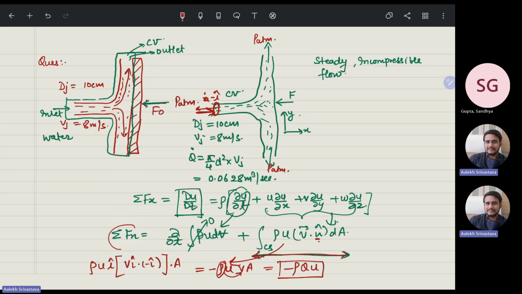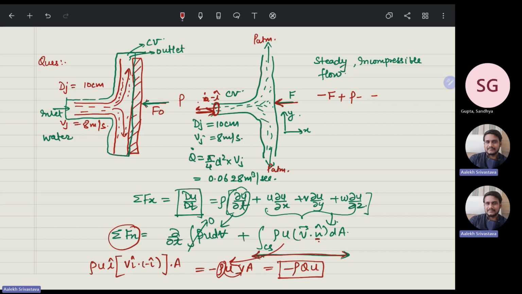Now the summation of all forces is equal to this. Suppose this is the force that is acting on the control volume, it is minus F plus the pressure force. It should be in gauge pressure, so I should write it this way: suppose it is P, which will later be equal to P atmospheric.